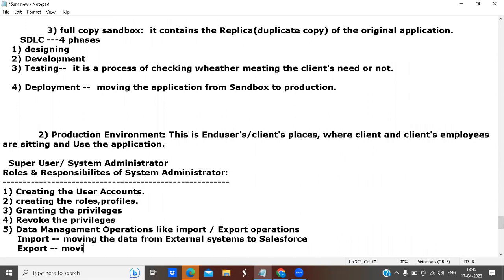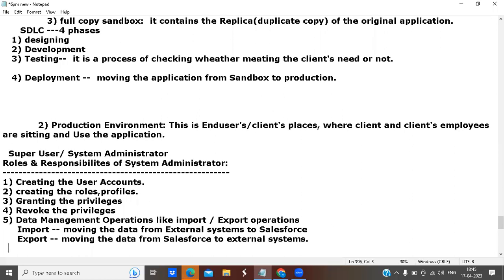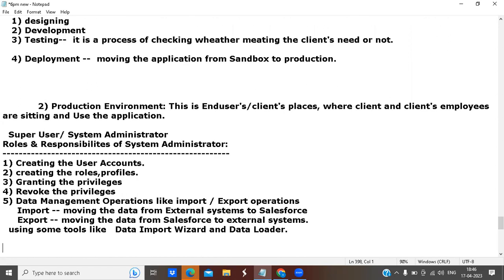Export means moving the data from Salesforce to external systems, using some tools like the data import wizard and data loader. And in companies, most of the people are using what here? Data loader.